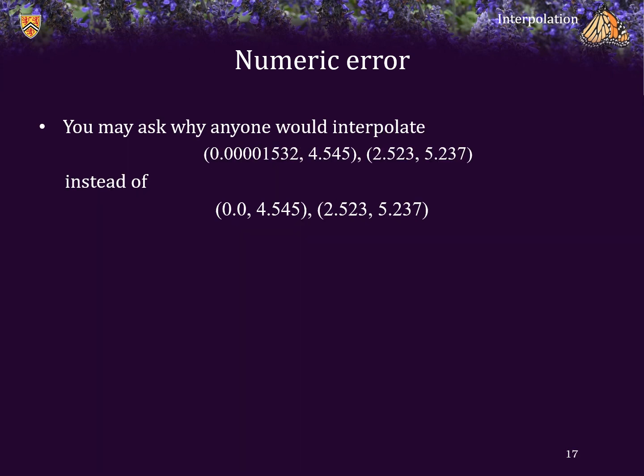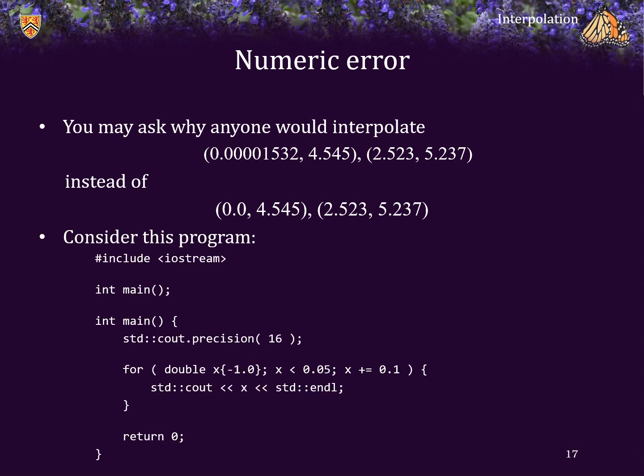Now you may be wondering, why would anyone want to interpolate such 2 numbers instead of just having the first number being 0? Well, once again, floating point round-off error comes to the rescue. Here's a C++ program.